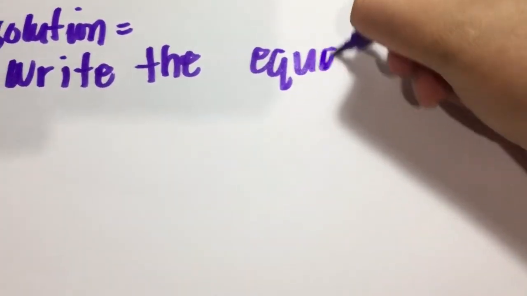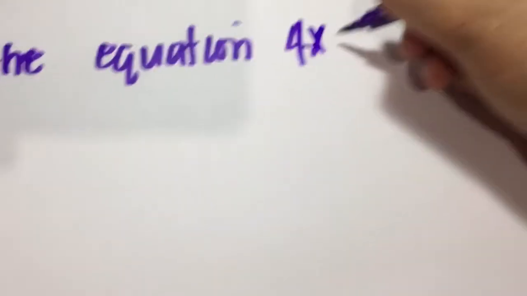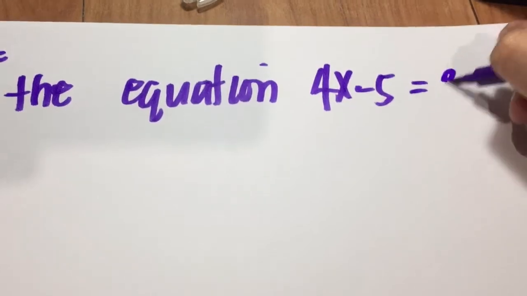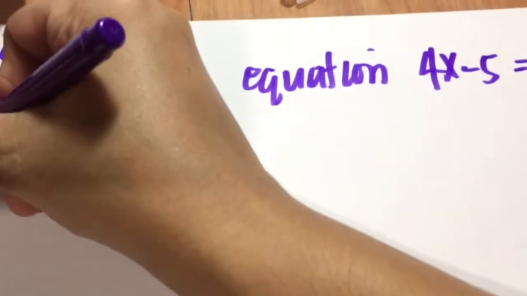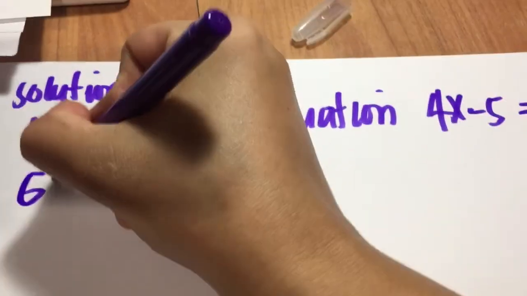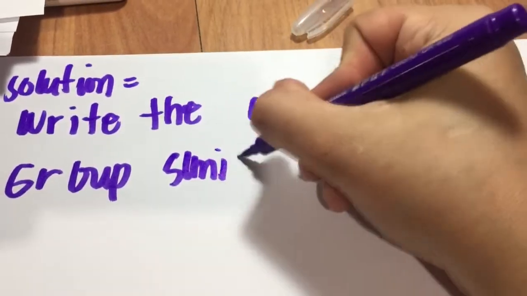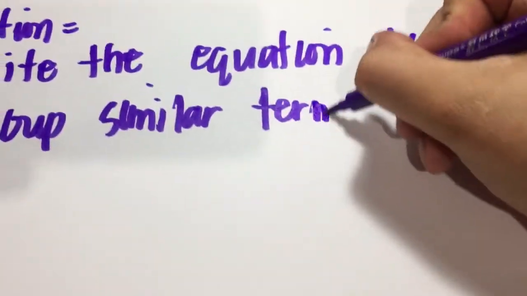For example, we have 4x minus 5 equals 2. So that is an equation. The next is group similar terms. What does it mean?